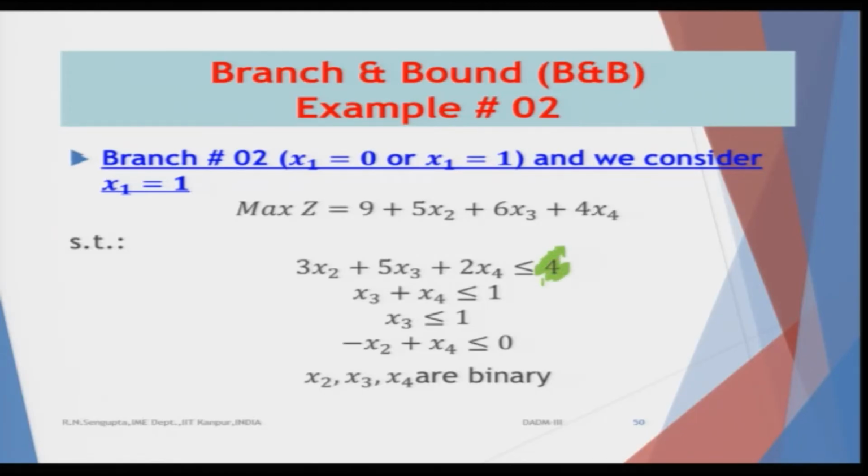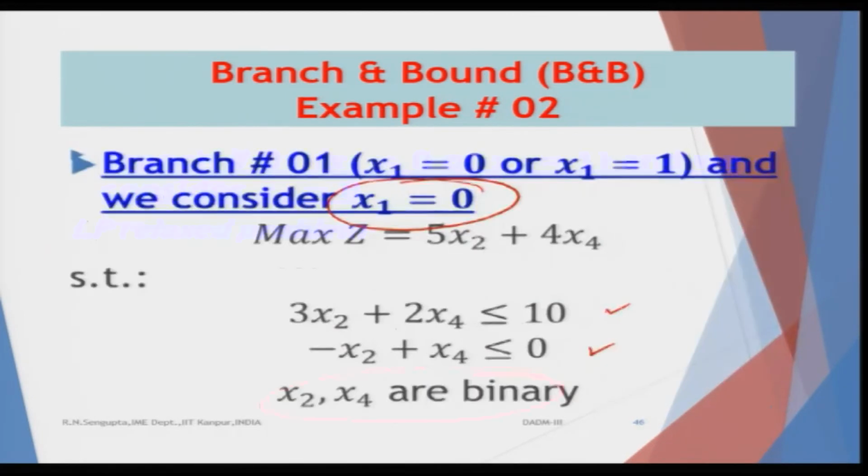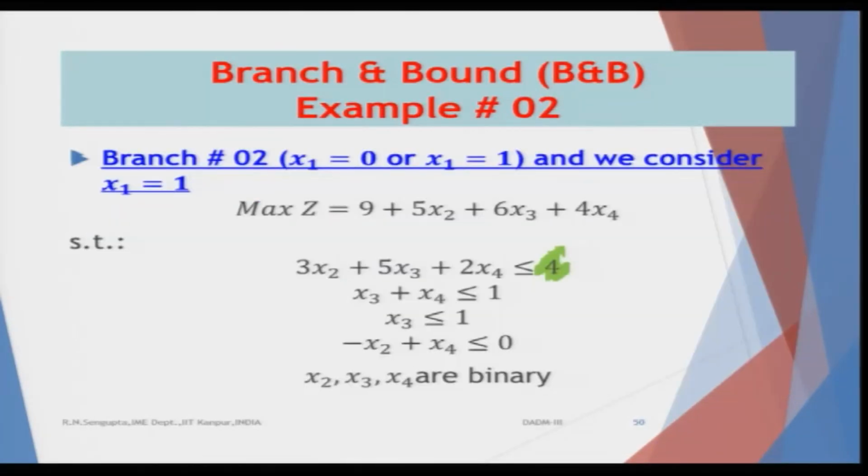I will highlight it, I will erase it later. The other terms, 3x2 plus 5x3 plus 2x4, remain, is less than or equal to 4. The second constraint, let us check, x3 plus x4 is less than or equal to 1. So it remains x3 plus x4 is less than or equal to 1.